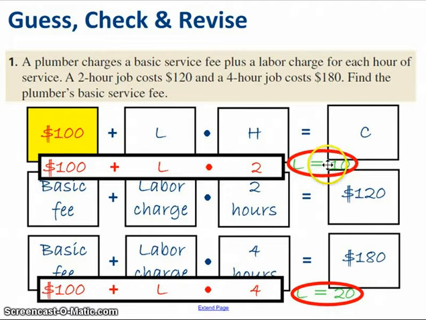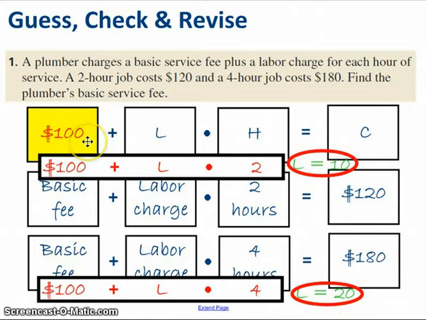That means L times 1 is equal to 10. Well, down here it didn't turn out to be 10. Why? Because I moved that 100 over here. I had L times 4, or in other words 4 L's, is equal to 80. That's 180 minus 100. So if 4 L's equals 80, then 1 L equals 20. I want these to match. Well, that's the check that I've done. Did they match? They did not. So now I've got to revise.